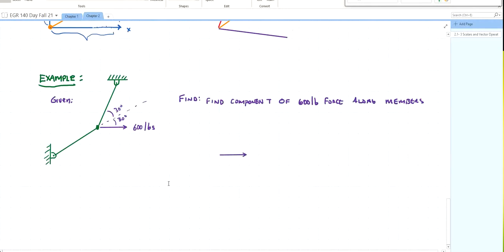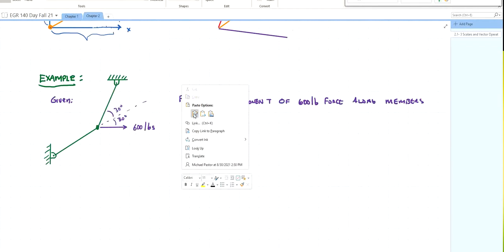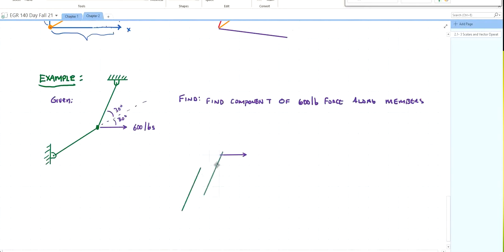And I'm going to do this the opposite direction of your book. We can think of this as a vector heading in this direction, and then a vector heading in this direction.